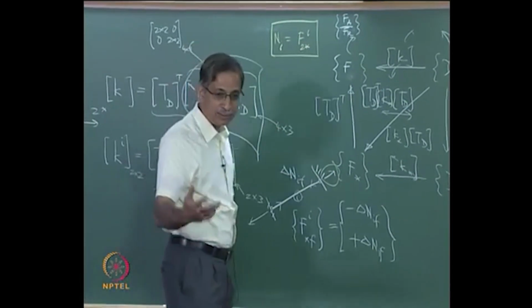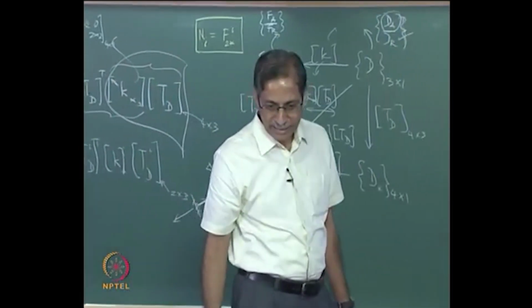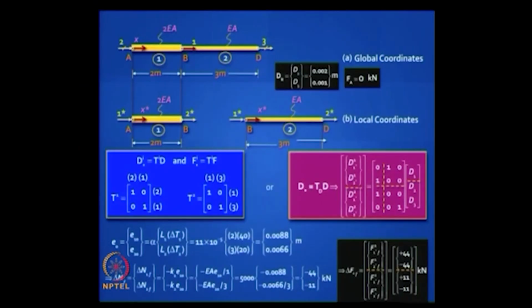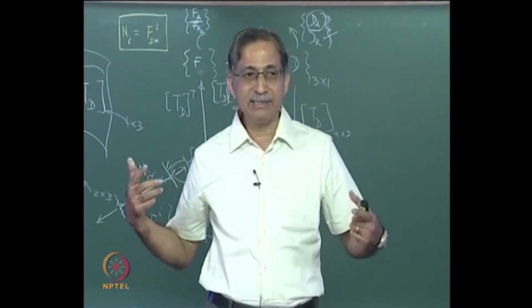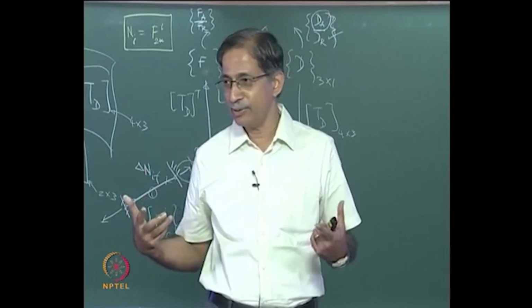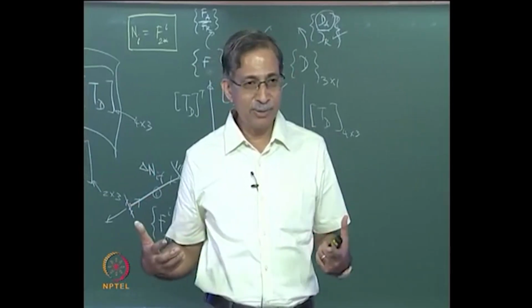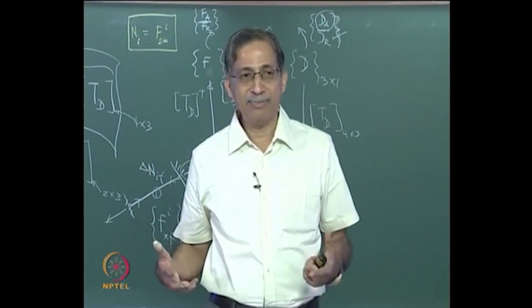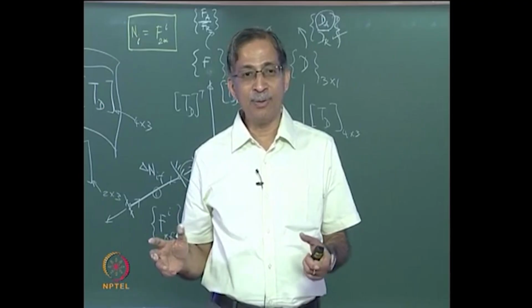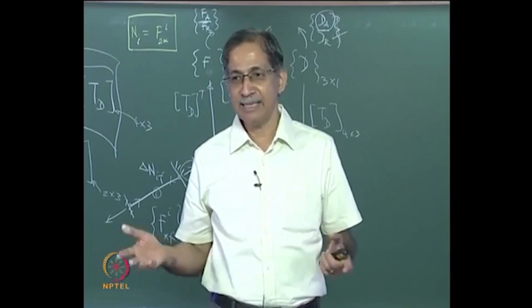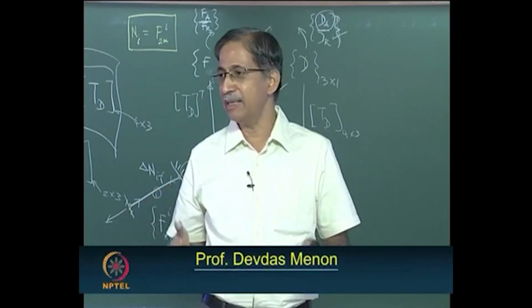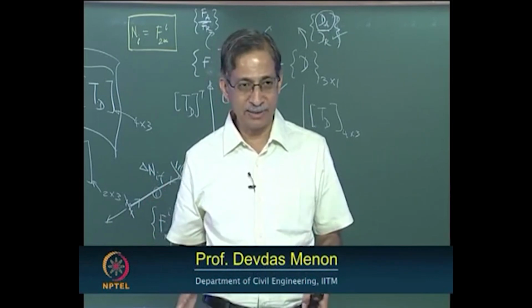So, here 2 star is minus, that means the axial force is negative. Is this clear? So, the first element has an internal force of 44 kilonewton, the second has 11 kilonewton, and both are compressive. This is before you started the analysis, that is, this is the kinematically determinate primary structure.